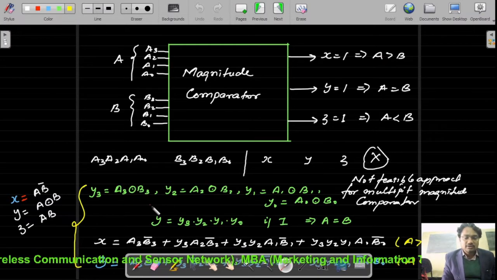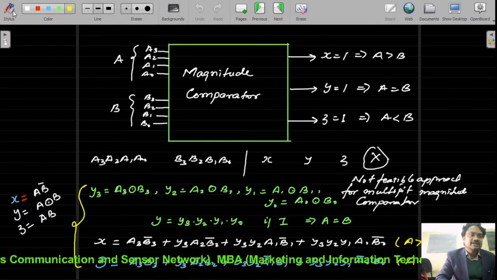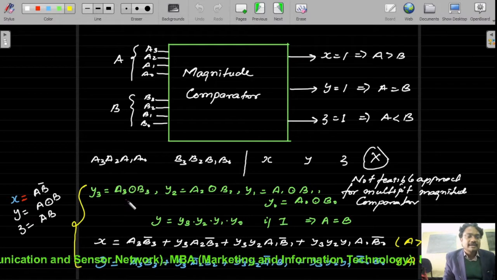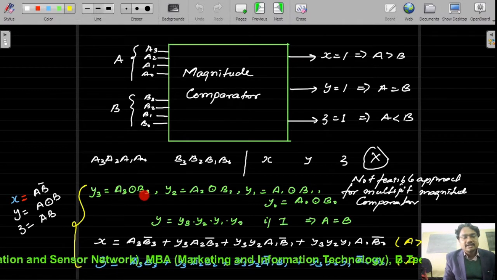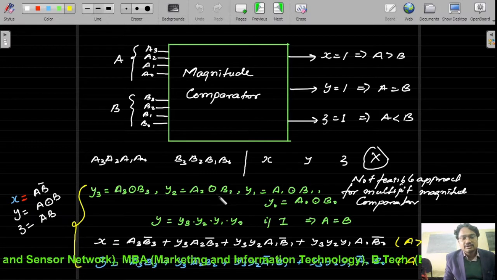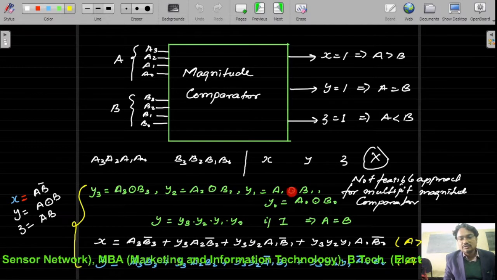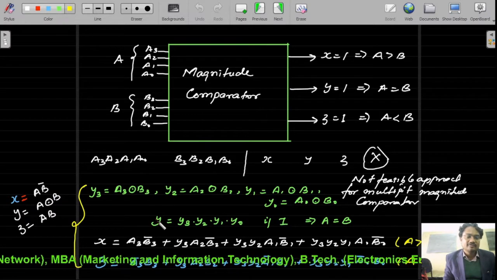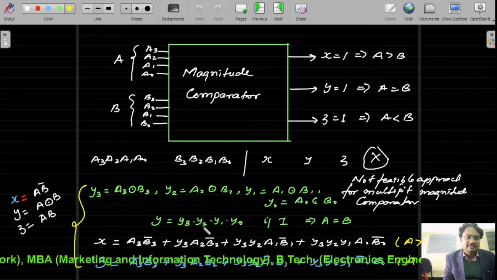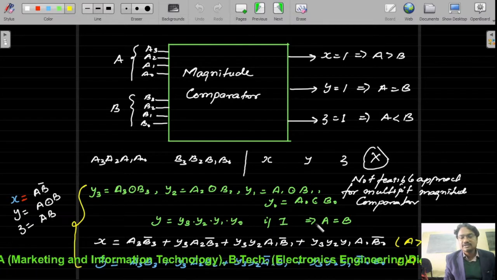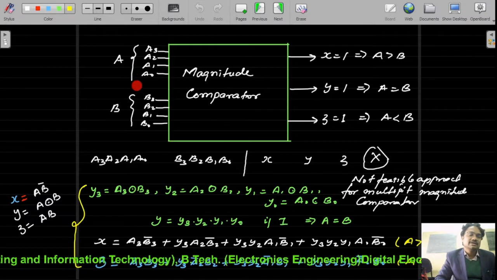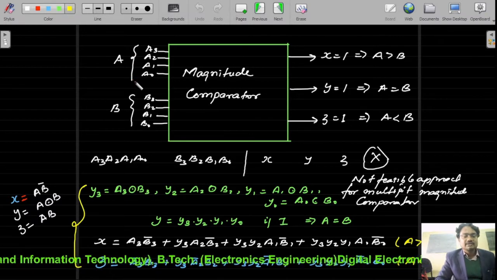To write the output expressions, we write y3 is equal to a3 XNOR b3, y2 is equal to a2 XNOR b2, y1 is equal to a1 XNOR b1, y0 is equal to a0 XNOR b0, and finally y is equal to the product term y3, y2, y1 and y0, and if this is equal to 1, then we can conclude that a is equal to b.